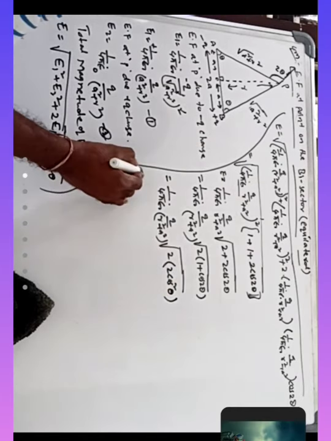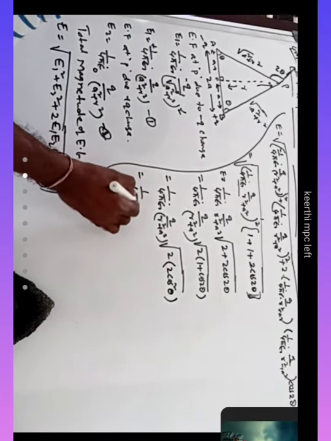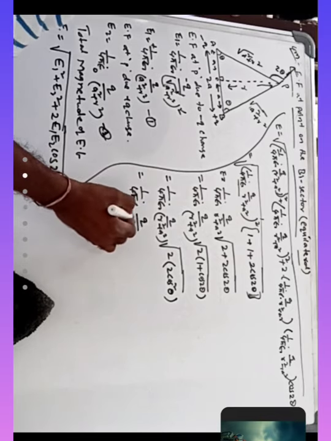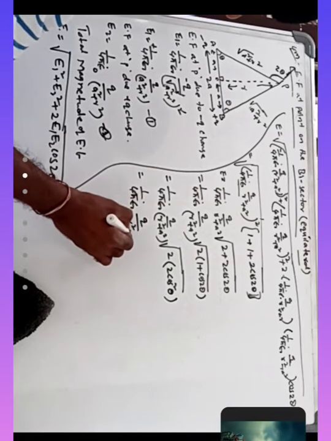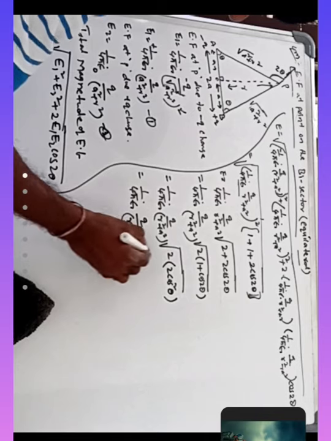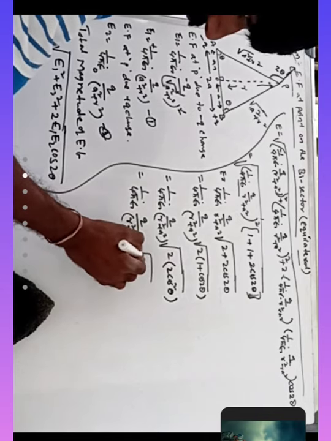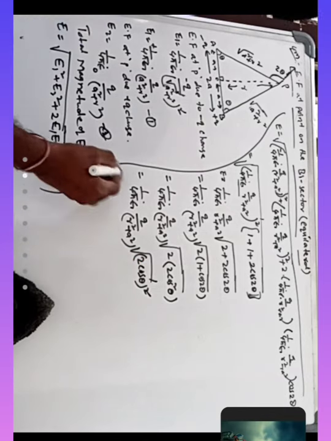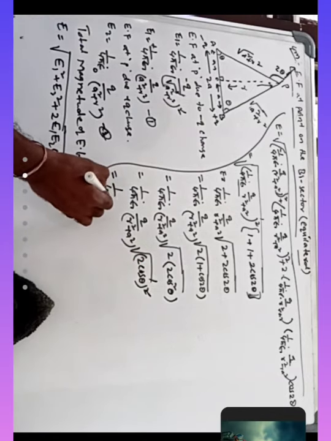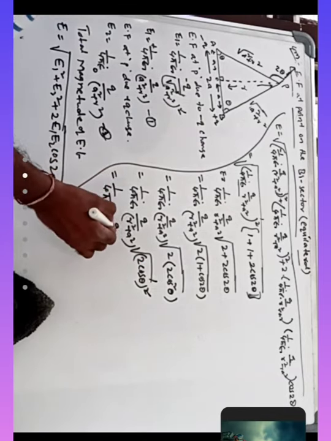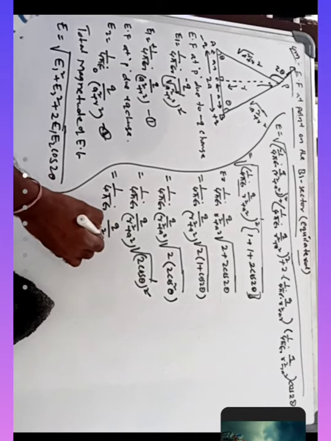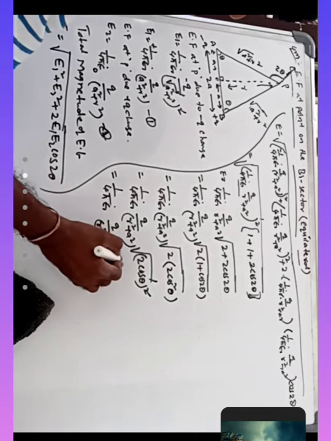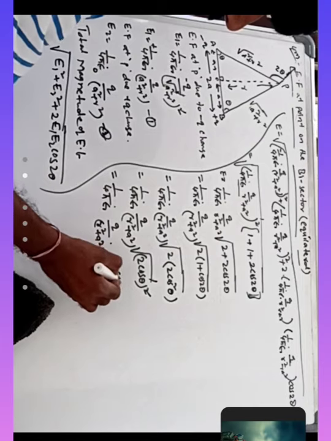So now 1 by 4 pi epsilon naught into Q by R square plus A square. So under root 2 into 2 is 2 square, and 2 cos theta whole square root cancels. 1 by 4 pi epsilon naught into Q by R square plus A square into 2 cos theta.